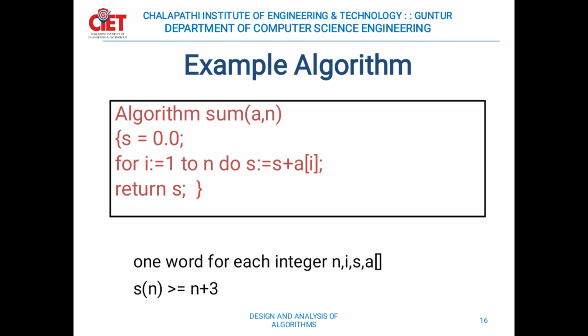So n, i, s and the starting address of array A. So totally it requires 3 words, and the array A requires n words because it needs to store n elements. So its space complexity is n plus 3: n words for the array A and 3 words for the variables n, i, s.